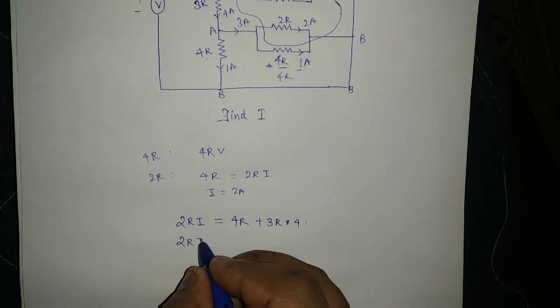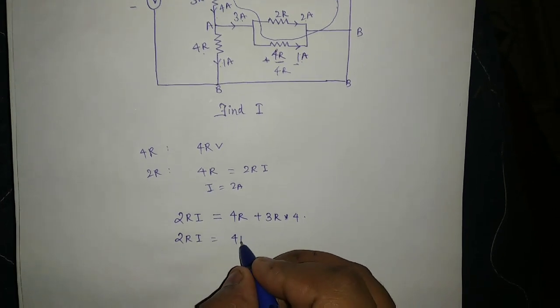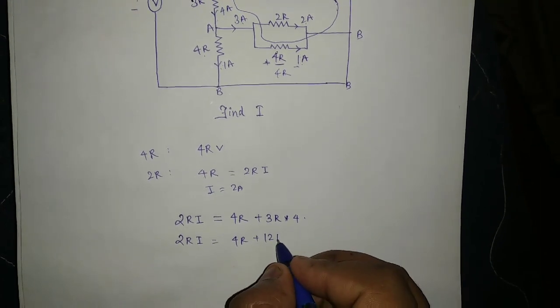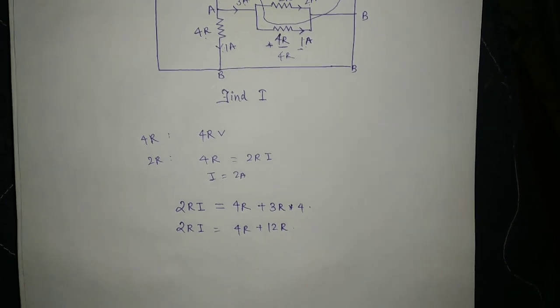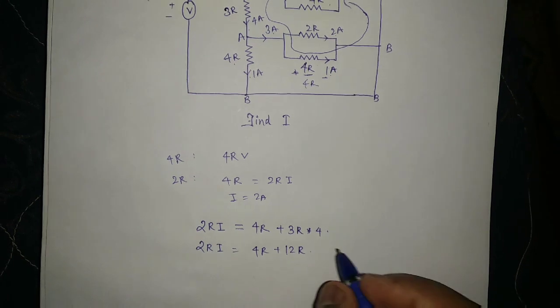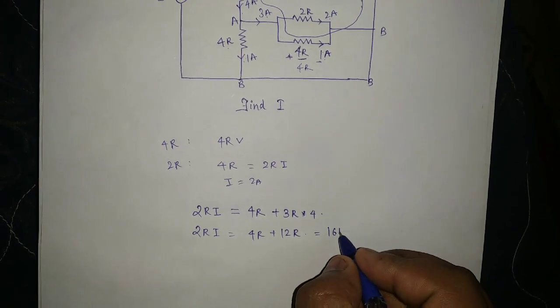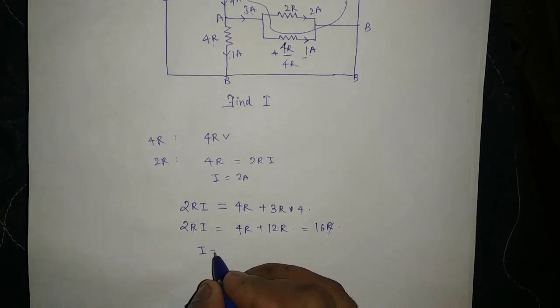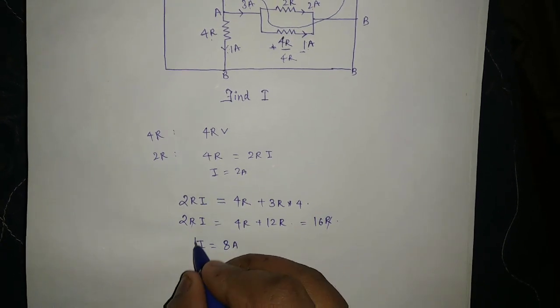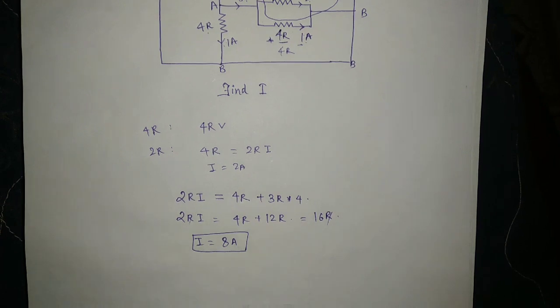So 2RI is equal to 4R plus 12R, is equal to 16R. So R cancels. I is equal to 8 ampere is the answer.